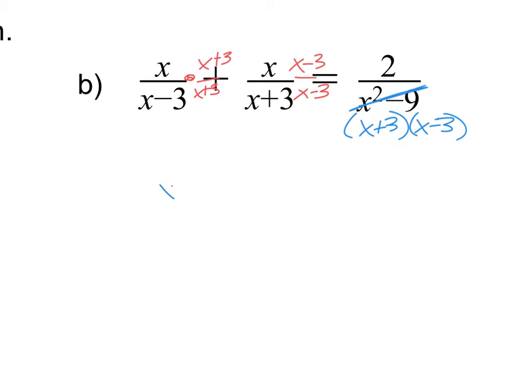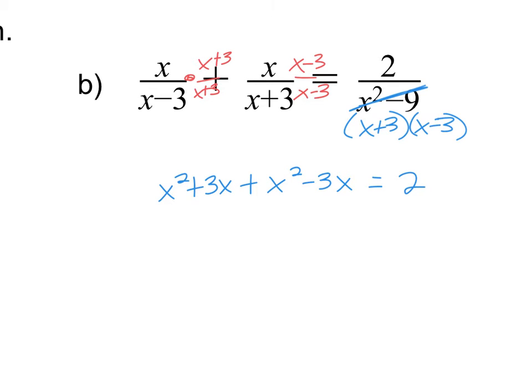So you have x squared plus 3x. And I'm going to go ahead and drop the denominators because I know they're going to go anyway. Plus, the next one, let's distribute, x squared minus 3x is going to equal, that last term I didn't have to do anything to, so it's just 2.